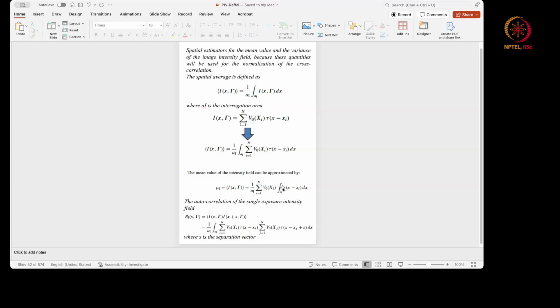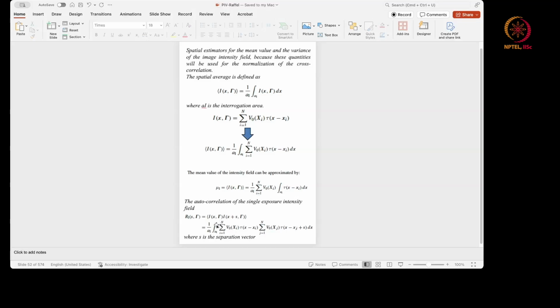Now, let us look at the autocorrelation of the single exposure intensity field. That means it is a correlation of the intensity with itself, with a little bit of separation. You evaluate the intensity field with a different separation vector, and then you calculate the total intensity. This is called the autocorrelation of a single exposure intensity field.